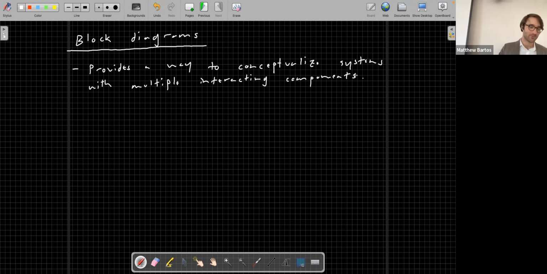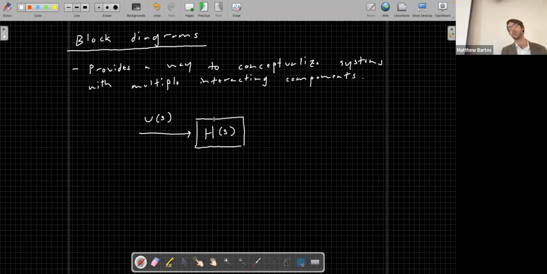Let's say we have a system represented by its transfer function. We have some input, U of S, and applying that input to the transfer function yields Y of S. If we're working in the frequency domain, we know that the response Y of S is equal to what?